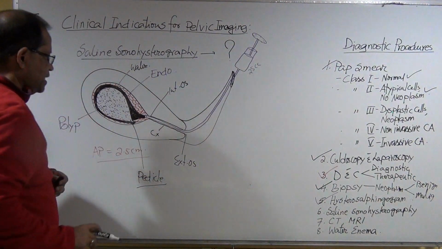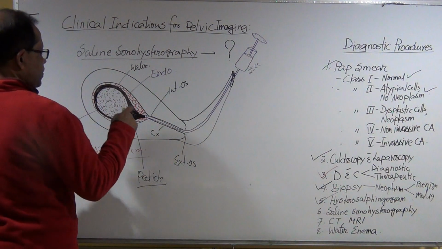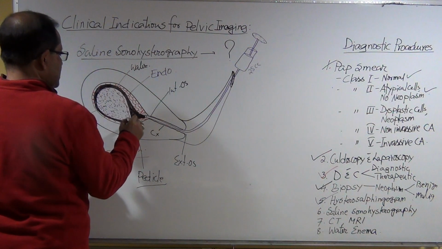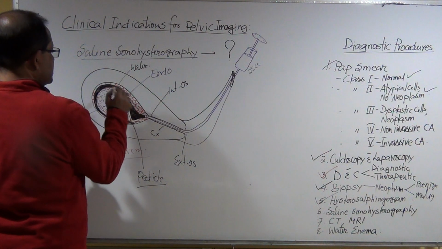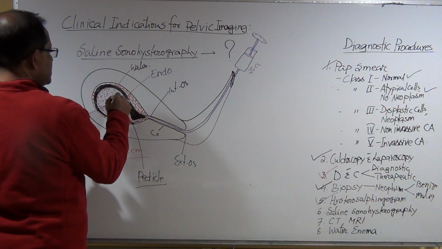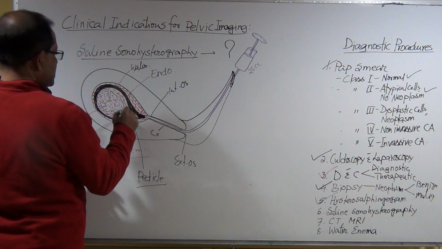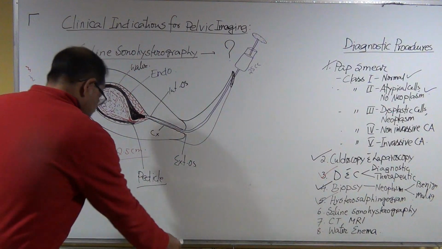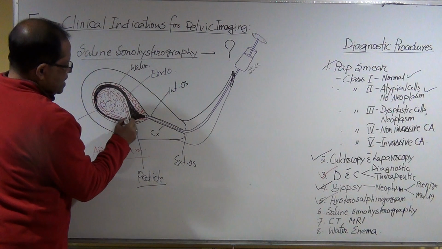It is attached with a pedicle, and through that pedicle you need to click the color. Then you will see there are blood vessels. Okay, you will see there are blood vessels, and they are found at the pedicle, the artery and the vein.